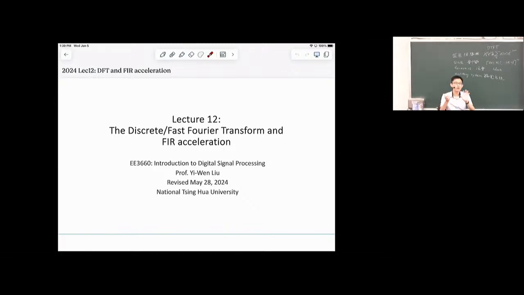We need to convolve our incoming signal with the impulse response, and that produces the output. But convolution in the time domain is less efficient. It's more efficient to do it in the frequency domain, as we will explain. So that's today's topic: DFT, FFT, and acceleration of FIR through FFT, working in the frequency domain.